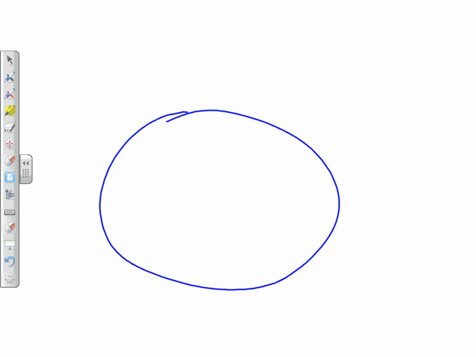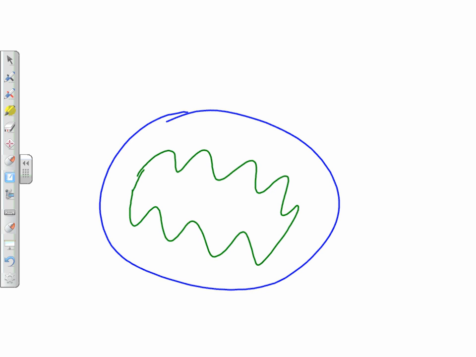Because here we go. What do you think this is supposed to be a picture of? A clam, right? A giant clam? Yeah, really, what do you think it's a picture of? It's supposed to be a mitochondria.